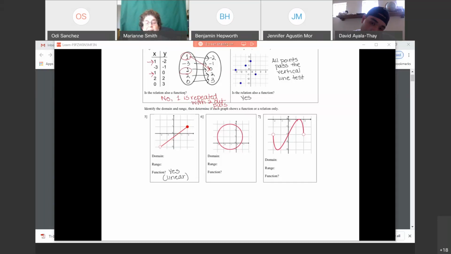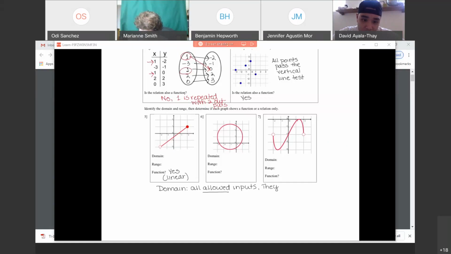Okay, and again, remember what domain is. Domain is all allowed inputs. And what does allowed mean? It means that those inputs don't give you an undefined output.